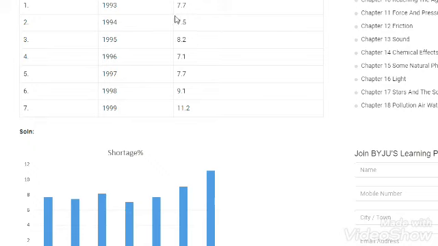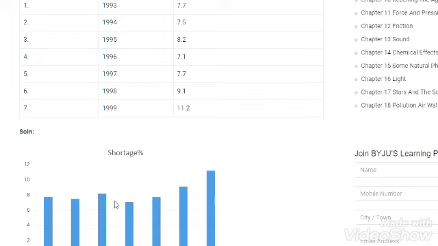We know that in 1993 the percentage shortage is 7.7. So we plot it here, about 7.7. Then in 1994, 7.5, so below 1993. In 1995 it is about 8.2.